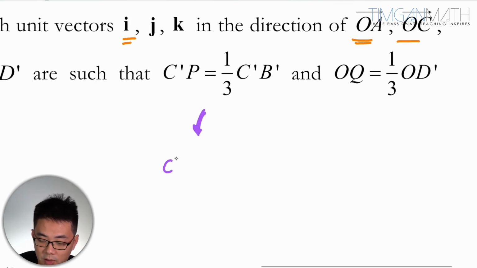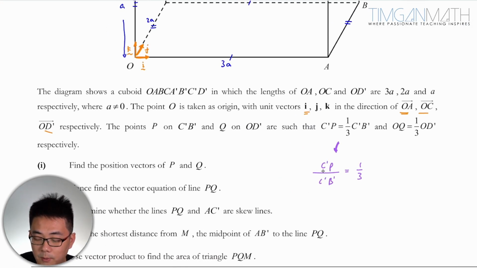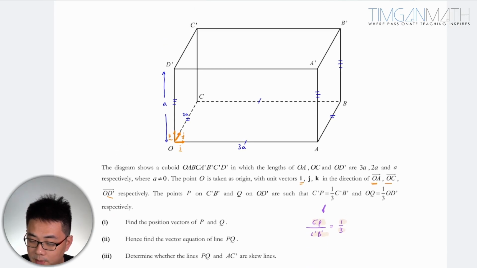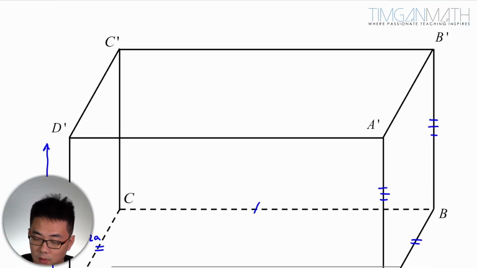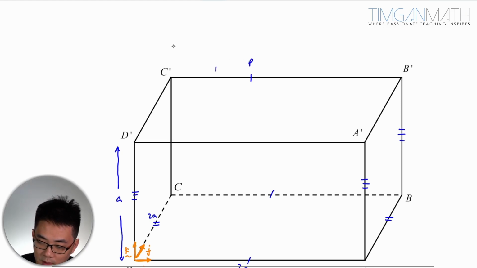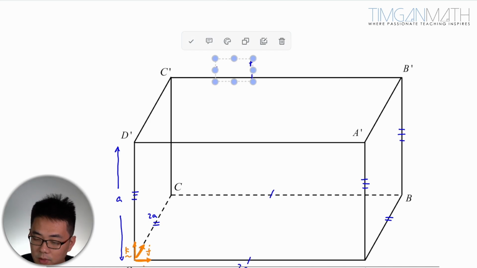So I will suggest rearranging this: C prime P is a third of C prime B prime. So you know that C prime P will just correspond to a unit length, and C prime B prime corresponds to three units. So C prime P is 1, this whole thing here is 3, so it's a ratio of 1:2.